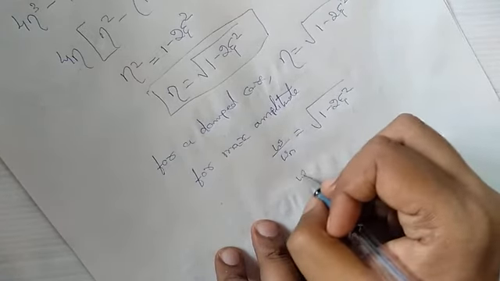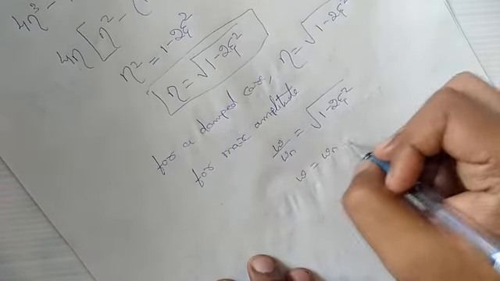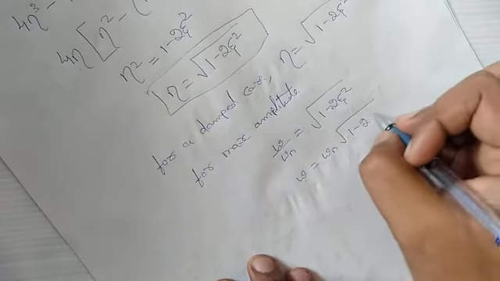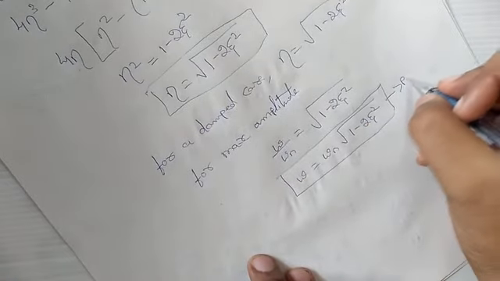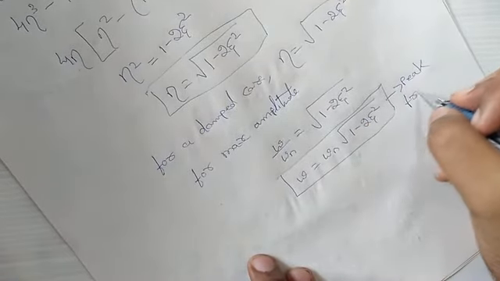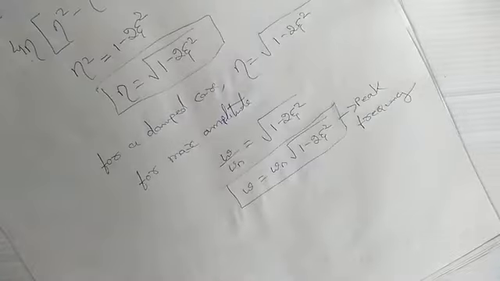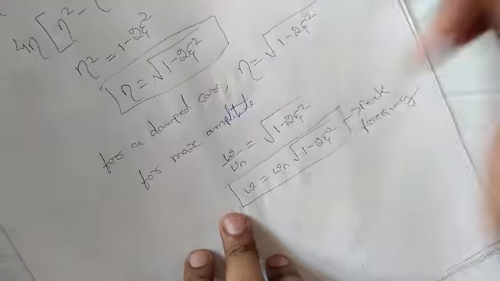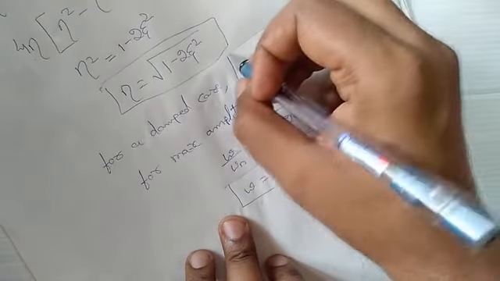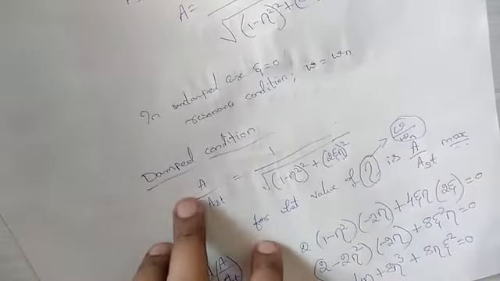So if you want to find the peak frequency, omega is equal to omega n into root of 1 minus 2 zeta square. So this will give you the peak frequency. So this is how you calculate the peak amplitude. Substituting eta is equal to root of 1 minus 2 zeta square, you can calculate what is the peak amplitude.